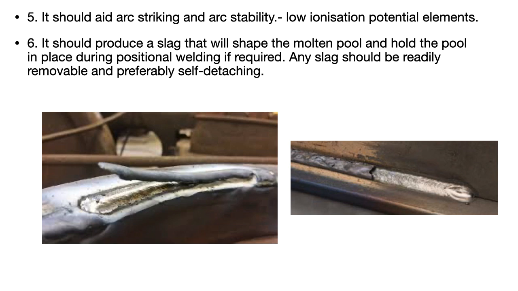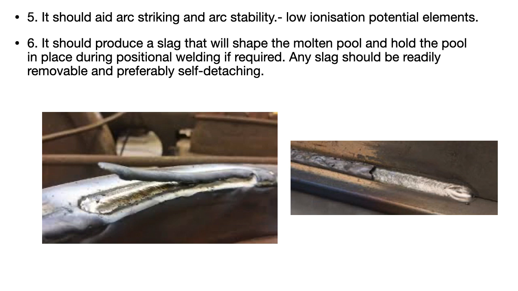The basic principle is that for striking an arc, or for establishing a stable arc, certain low ionization potential elements shall be added in the electrodes. So these are basically elements like potassium compounds, etc., which basically have very low ionization potentials.